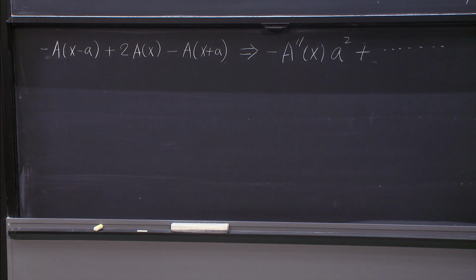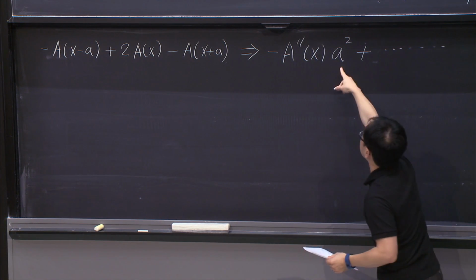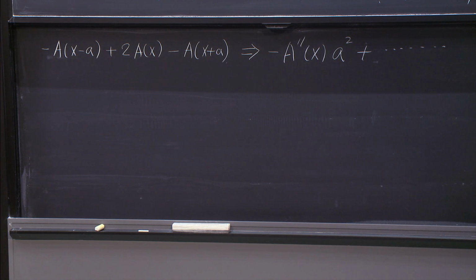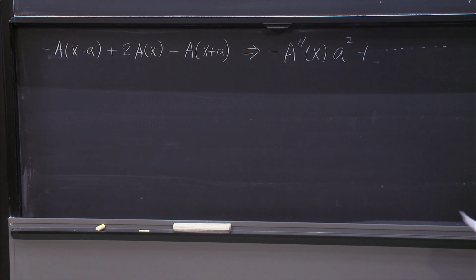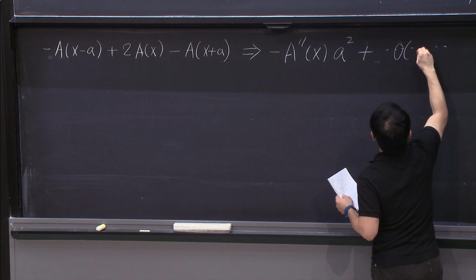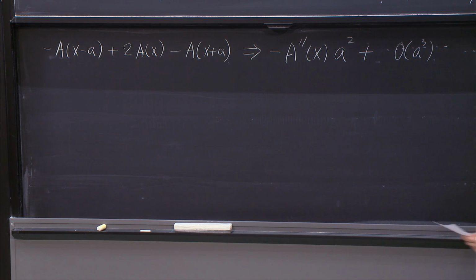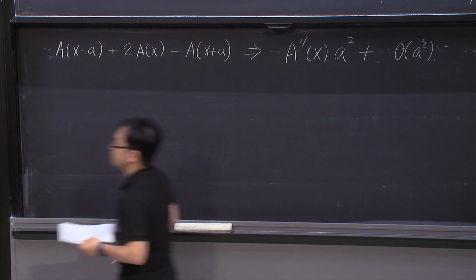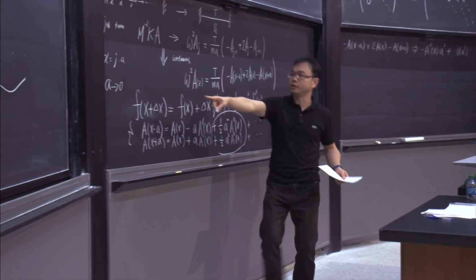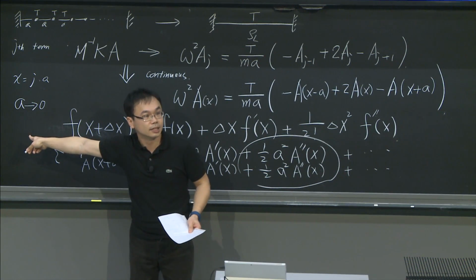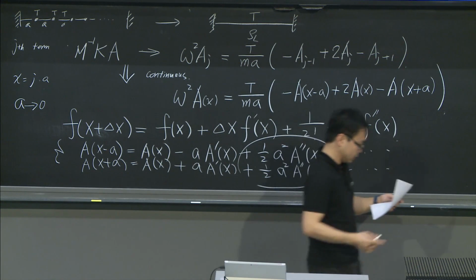Okay, so basically what we have is a double prime x times a squared plus some higher order term of a cubed, etc. Since we are talking about the limit of a goes to 0, we can safely ignore all the higher order terms.